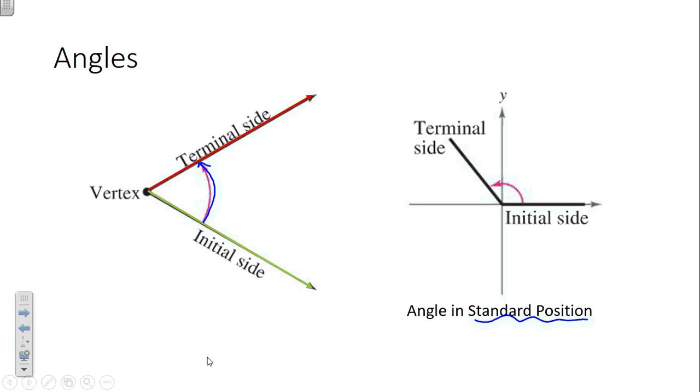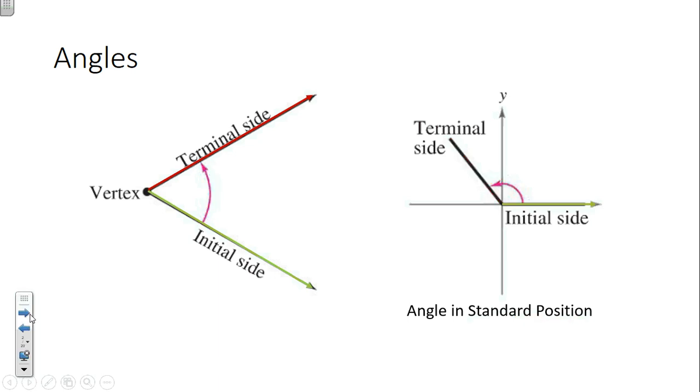Okay, we put it in a coordinate plane, and the initial side is your positive x-axis, and your terminal ray is somewhere else. Could also be the positive x-axis for that matter. But we rotate it so that that initial ray has to be the positive x-axis. And then we talk about what is the measure of this angle. So far, so good? All right.